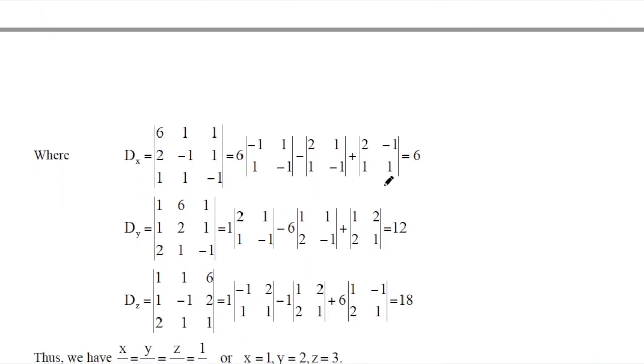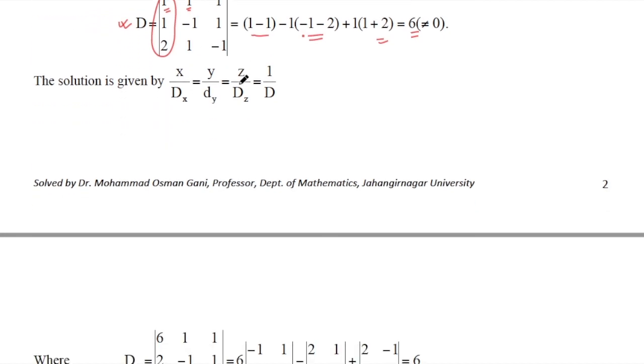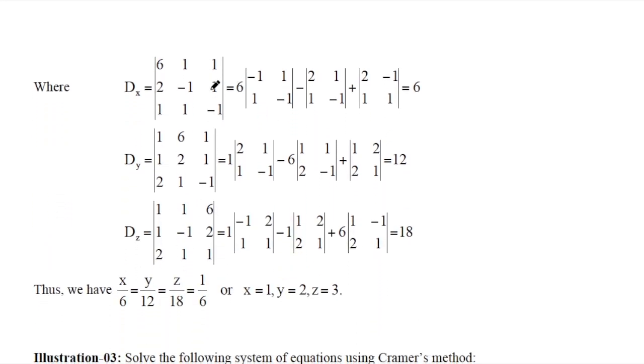And similarly, dx we can calculate in this way. In dx, the x coefficients, meaning the first column, will be replaced by 6 2 1, and the remaining two columns will be exactly the same. In dy, the second column will be replaced by 6 2 1. In dz, the third column will be replaced by 6 2 1, and dx is equal to 6, dy 12, dz 18.